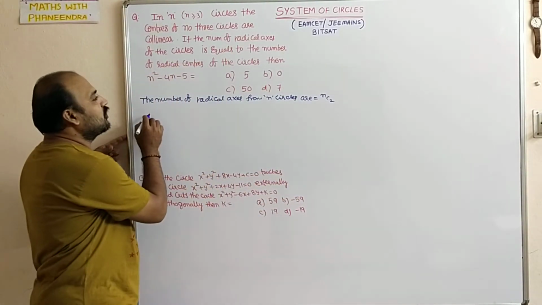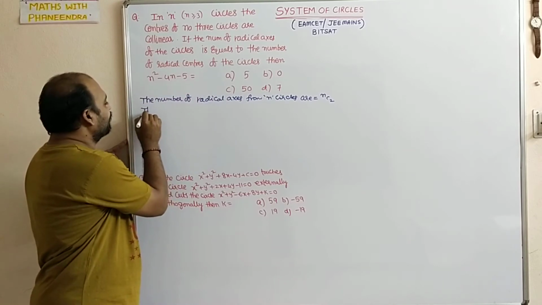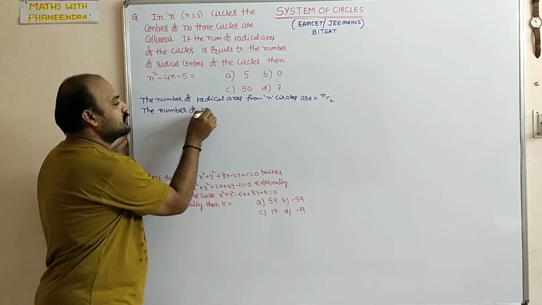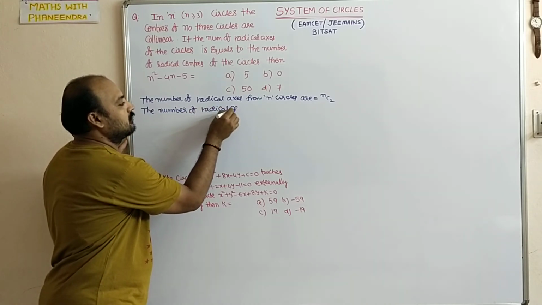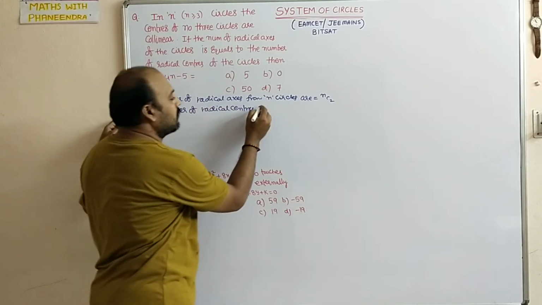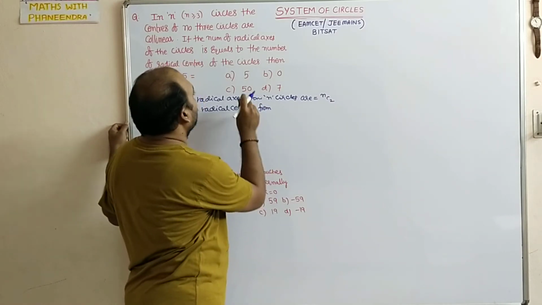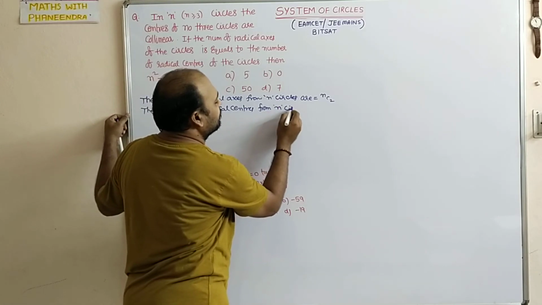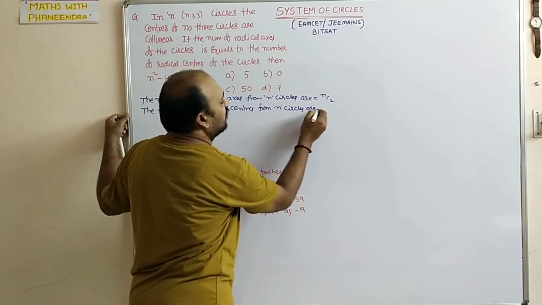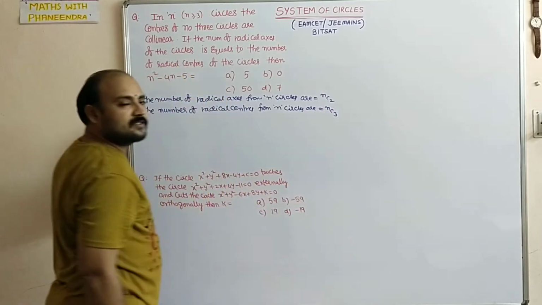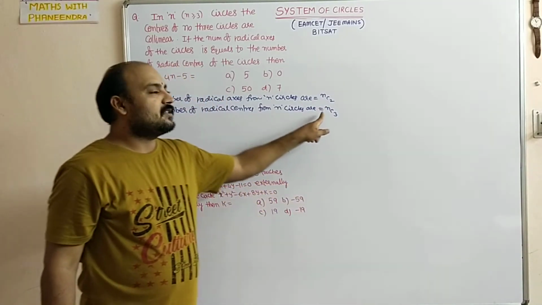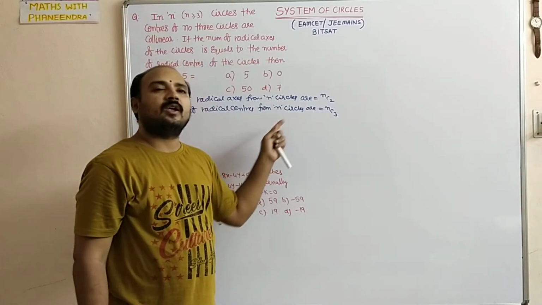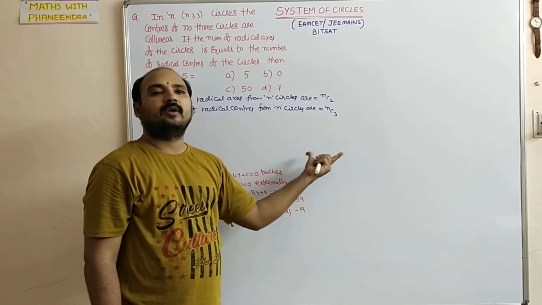In the same way, the number of radical centers from n circles is nC3, since 3 circles are required, so out of n, 3 will be selected.